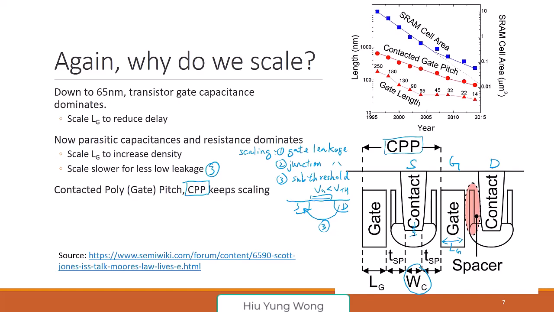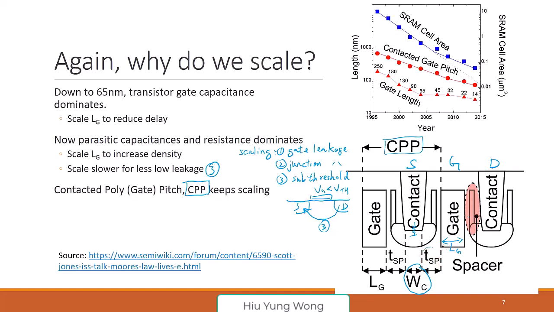Do not think that this is metal on heavily doped silicon. It is, but it has resistance because our transistor is so good now. So you have a width. And then between the contact and the gate, you have a spacer here, and this is TSP.